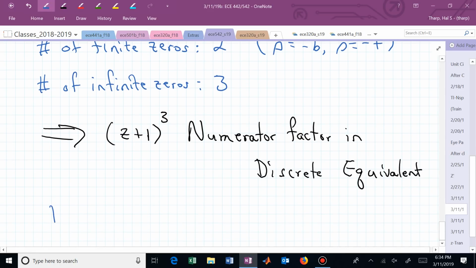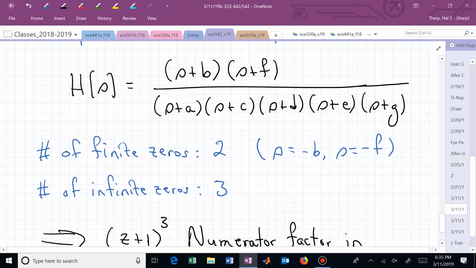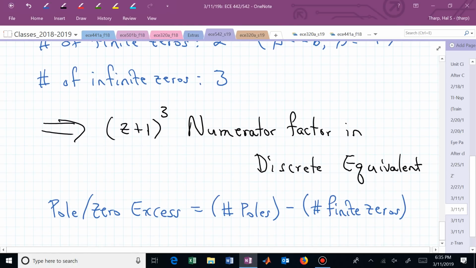Where the pole-zero excess is the number of poles minus the number of finite zeros. What if I actually said I wanted to preserve a zero at infinity in the discrete equivalent, meaning I wanted to have a pole-zero excess of 1 in my discrete equivalent?